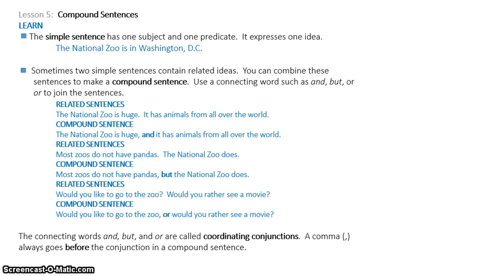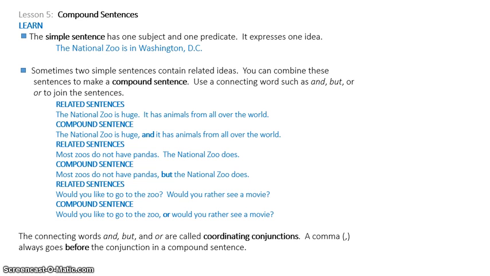Remember when we've talked about how in 4th grade all of your sentences need to be at least 7 words long? This is a perfect way to make your sentences longer. You can take 2 short sentences, combine them by using the word and, but, or, and you now have a compound sentence, and you now have a sentence that is over 7 words.